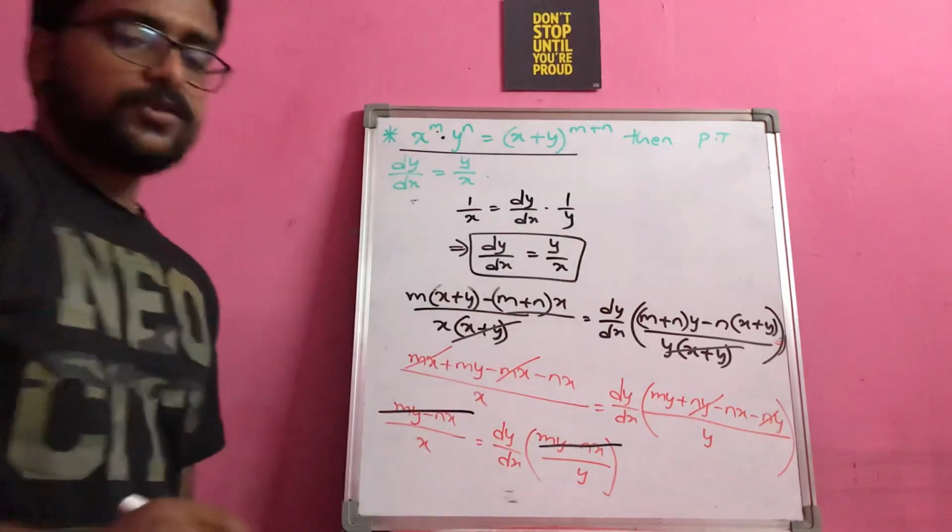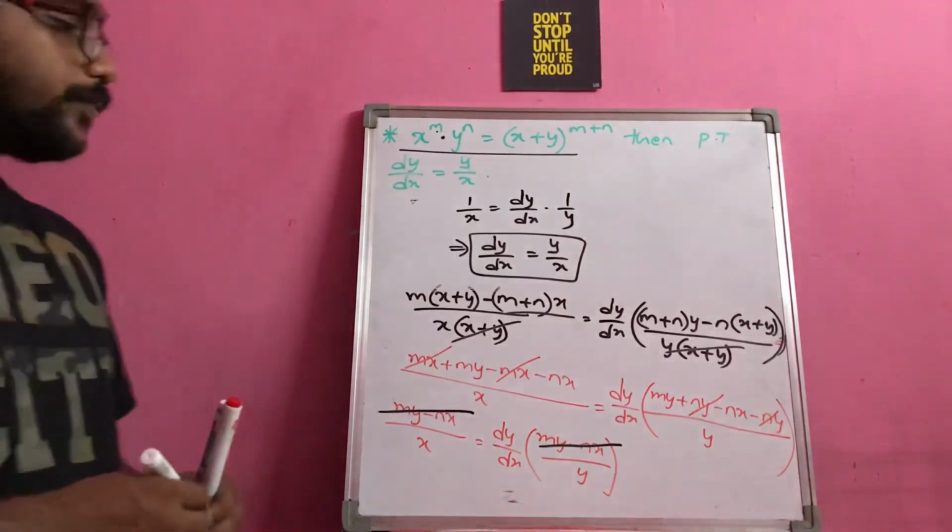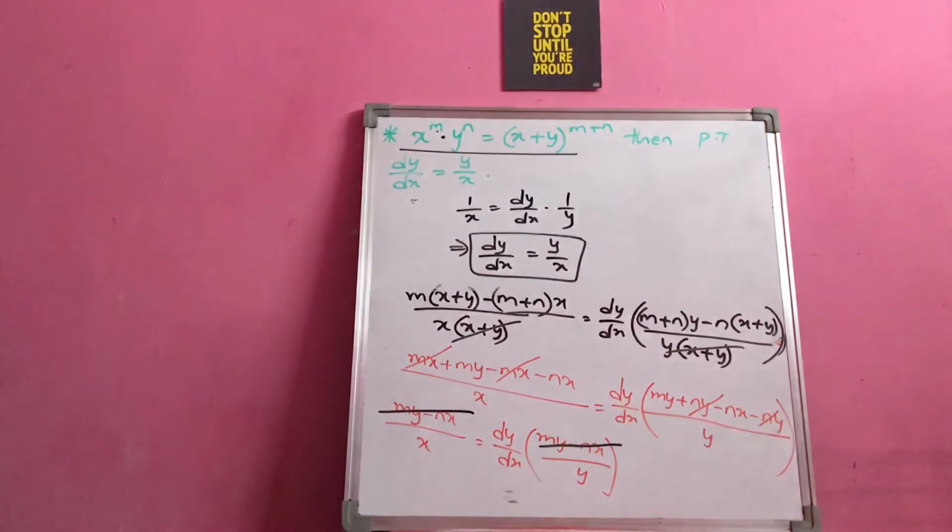Hence proved. So the important point that you have to notice from this question is, first, whenever you have power, multiplication or division, you have scope for applying logarithm on both sides. This is the first important point.